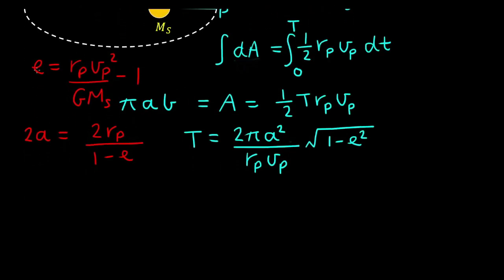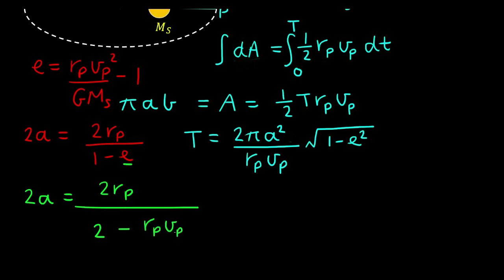So if we substitute for the eccentricity, we get 2a is 2rp on 1 minus negative 1, which is 2, minus rp vp squared on GMs.